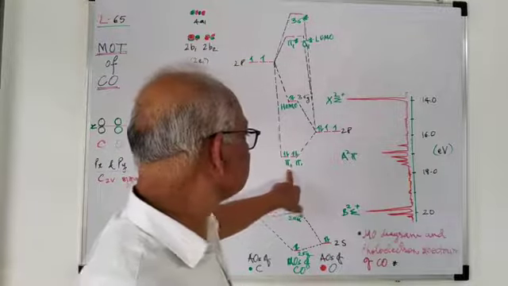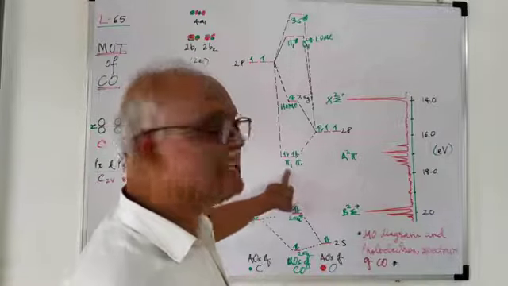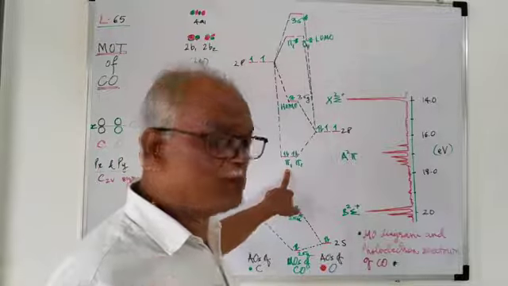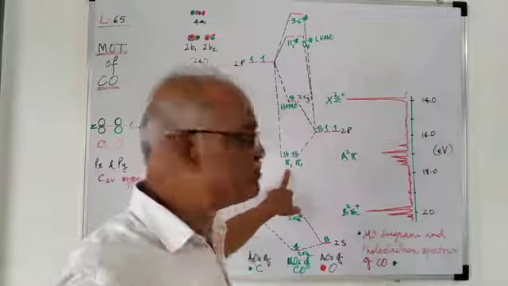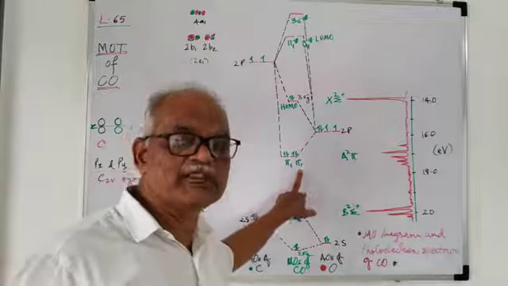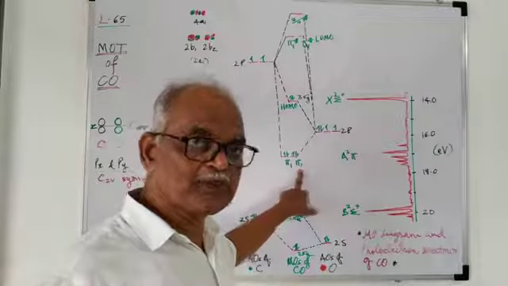So we represent them as pi 1, pi 1. One is obtained from px linear combination lying parallel to each other. Similarly, another pi 1 is obtained from linear combination of py which are also lying parallel to each other.